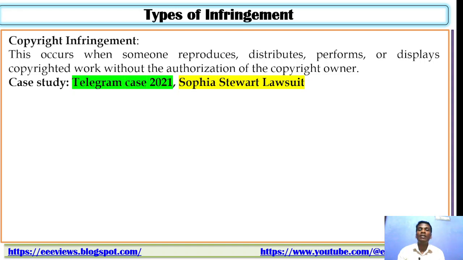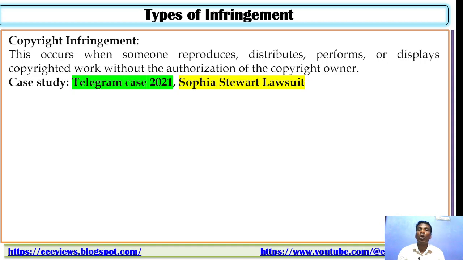Telegram is a social app from which we can share messages. Various production houses filed a case against Telegram, stating that in the Telegram app they are sharing copyrighted content, so that users can download copyrighted content without the authorization of the owner.